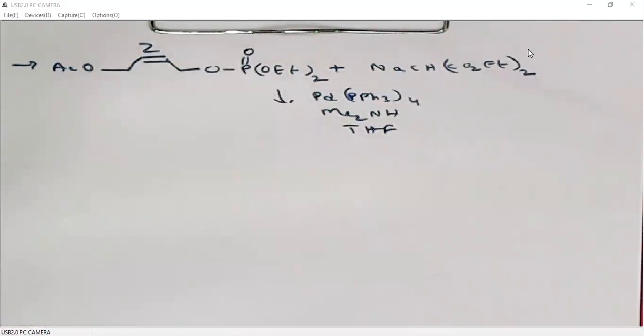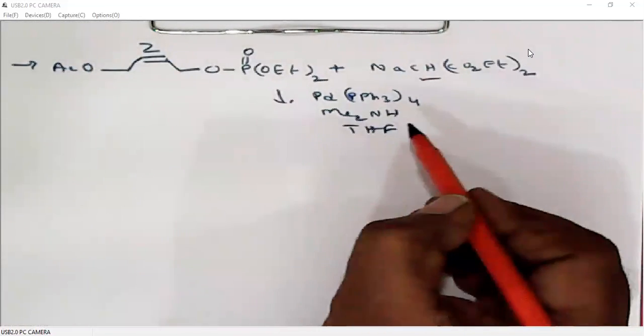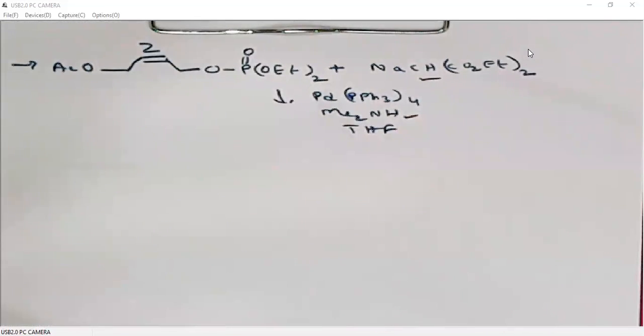See, here we are using two nucleophiles. One is for Trost-Tsuji coupling, one is for substitution of the leaving group.